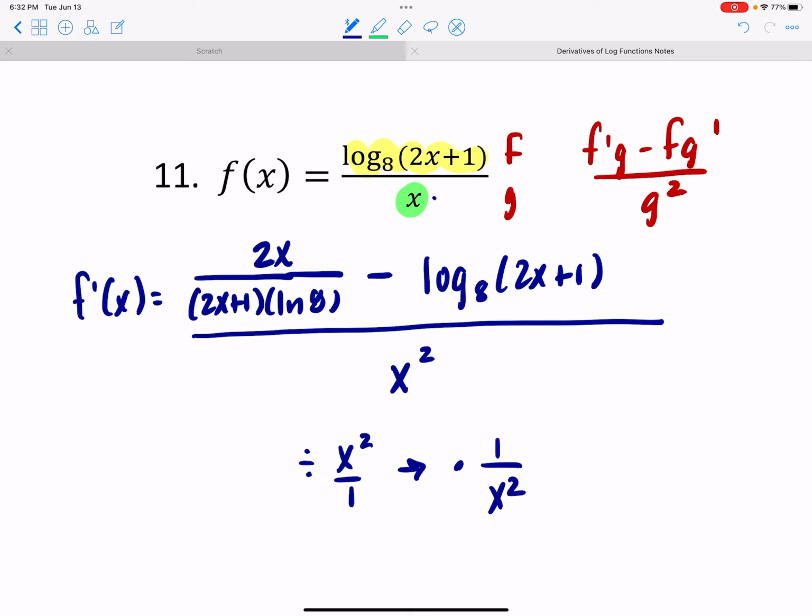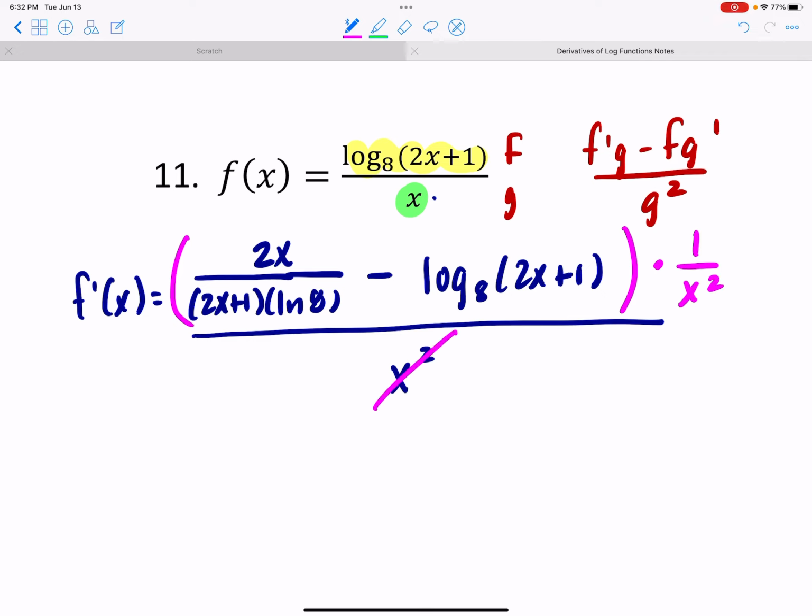So what I'm going to do is take this numerator here, and instead of dividing it by x squared, I'm going to multiply it by 1 over x squared, and that's going to get rid of this. If I multiply by 1 over x squared, then that denominator goes. Again, instead of dividing by x squared on the bottom, which is x squared over 1, multiply by its reciprocal. So then I can easily distribute that.